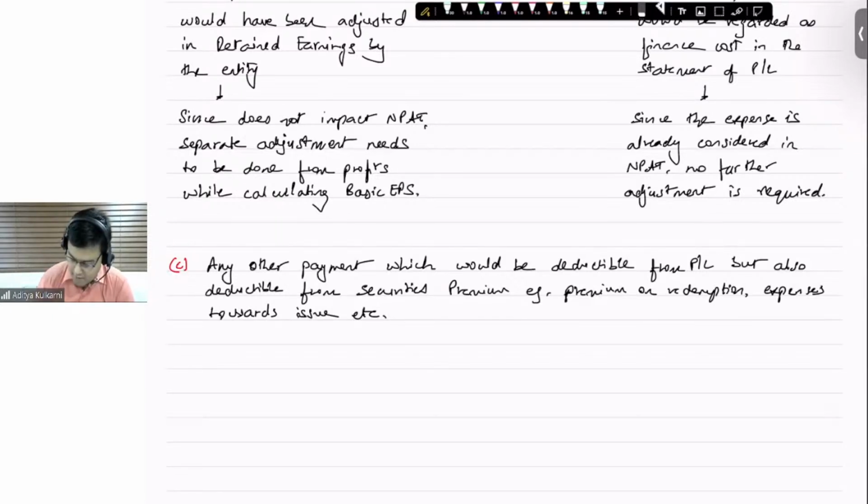So in the previous class, we discussed what is earnings per share. We discussed how to calculate the weighted average number of equity shares. We saw a couple of examples. Then we moved on to what we understand by basic EPS and how to calculate it. Then we looked at certain cases of bonus where we will have to restate the current period as well as the previous period's EPS to ensure they are comparable.